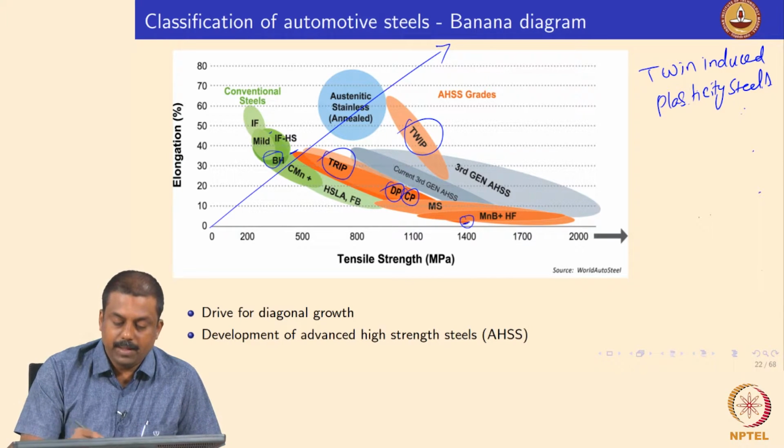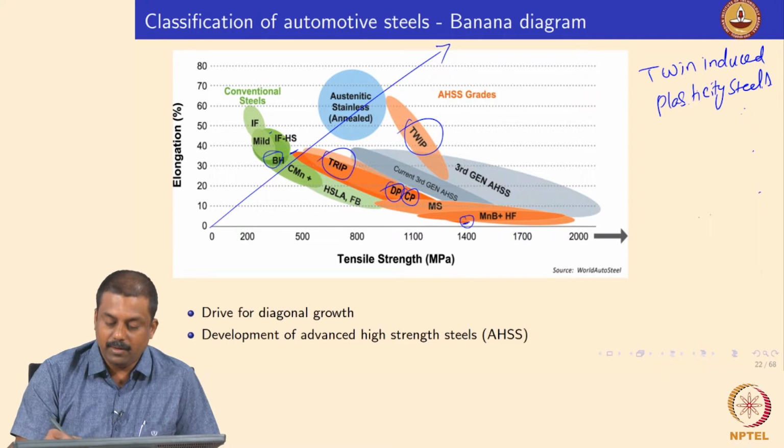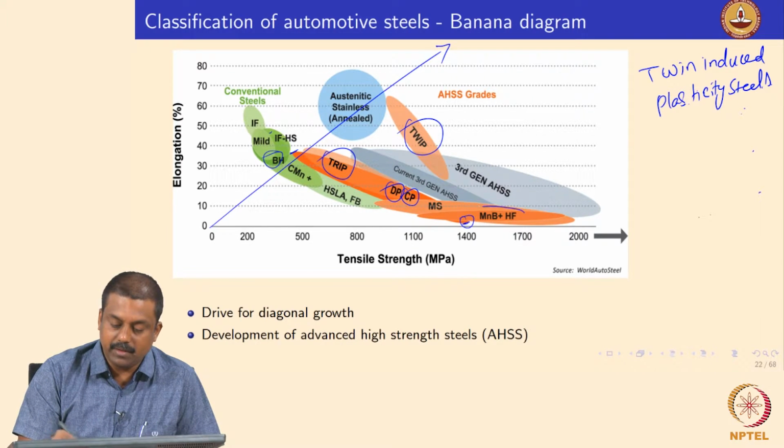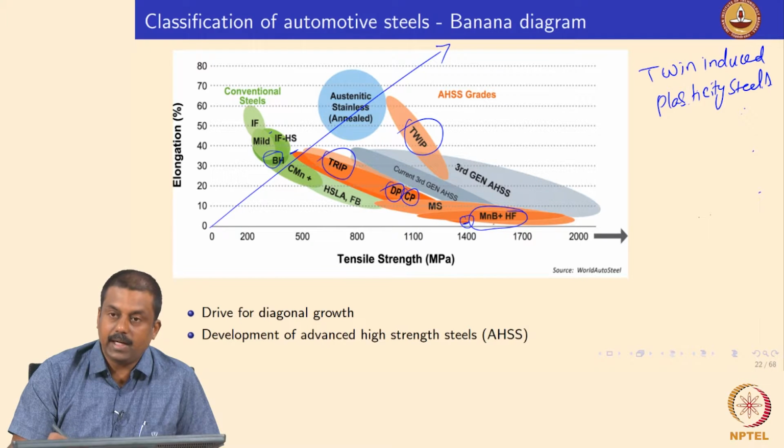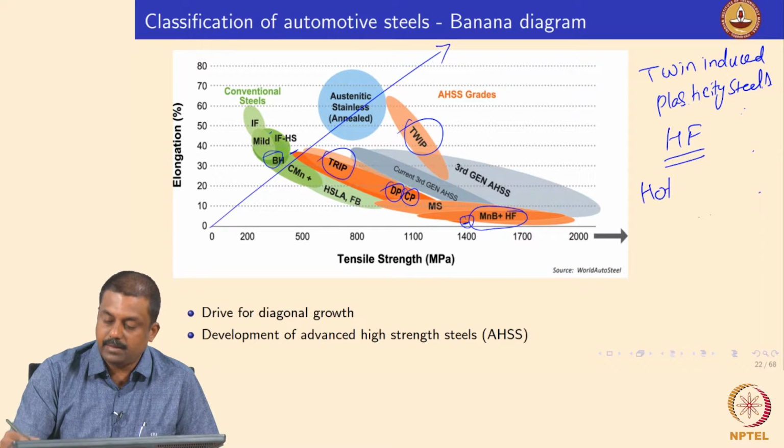And apart from the steels which possess a very good strength and ductility, you also have one generation of steel which is now becoming very interesting for commercial application, boron containing hot forming steels. Again, the hot forming steels, if you look at the compositions, HF stands for hot forming steels.